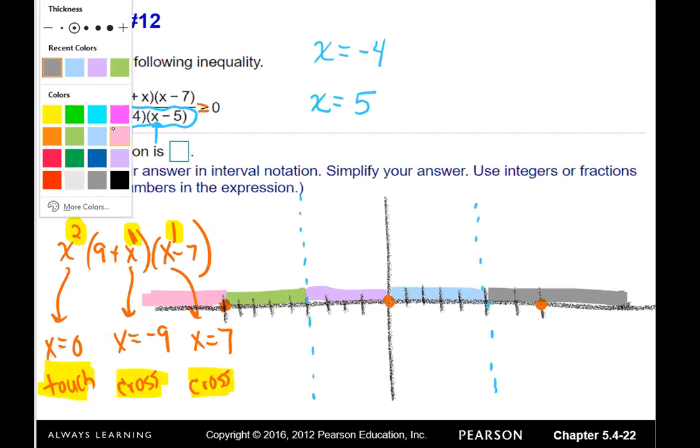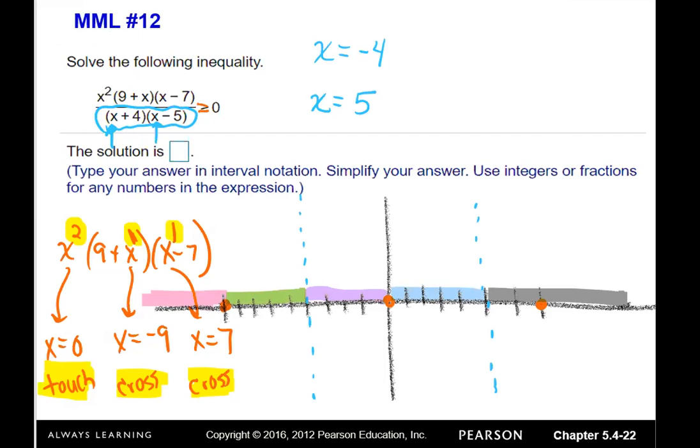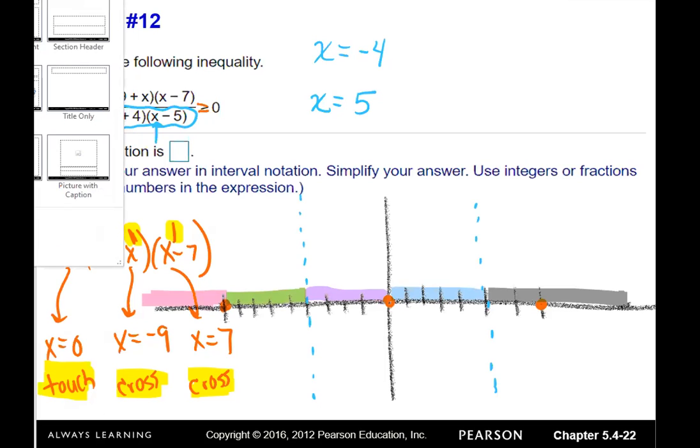And I'm going to have to add another page here. Let's see. Insert another blank slide. Okay. So the pink went from -infinity. Whoops, that's a little thick. There you go. From -infinity to -9.